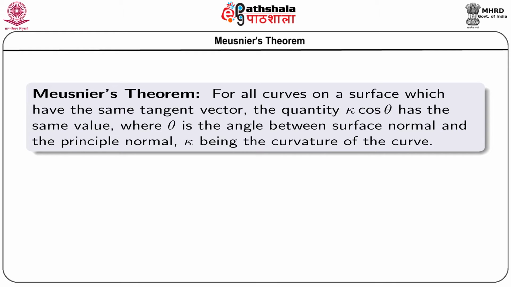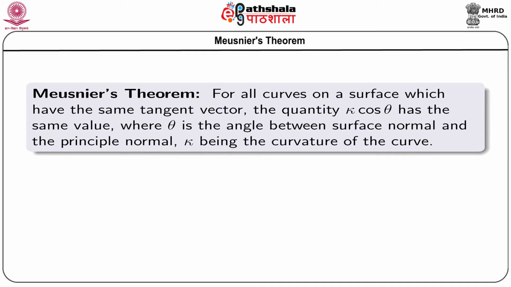Now, Meusnier's theorem states that for all curves on a surface which have the same tangent vector, the quantity kappa cos theta has the same value, where theta is the angle between surface normal and the principal normal.